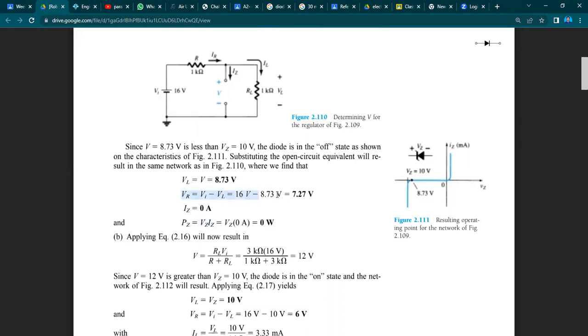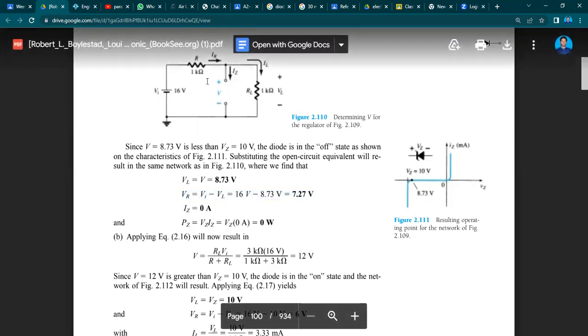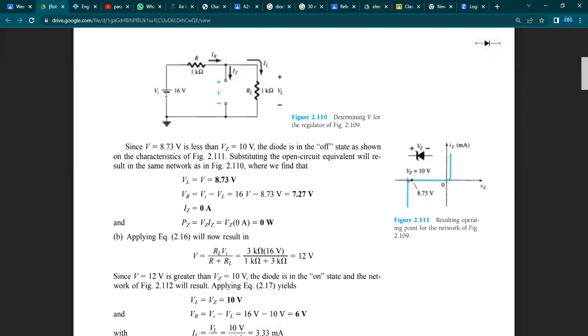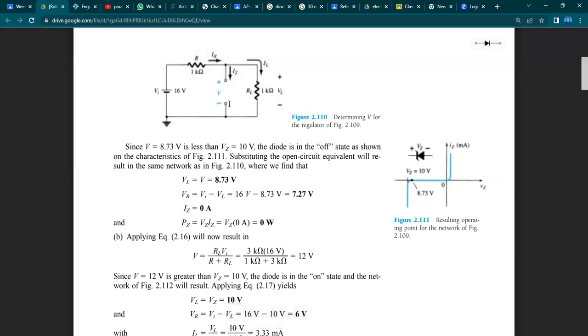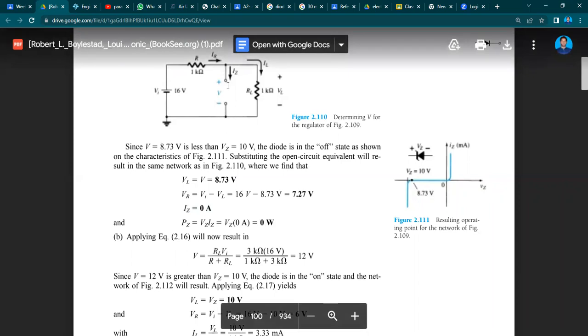The thing here is that KVL is applied to find the voltage across that resistor. In this mesh, if we apply KVL around this loop, it would be 16 volts minus 8.73 volts across this diode.